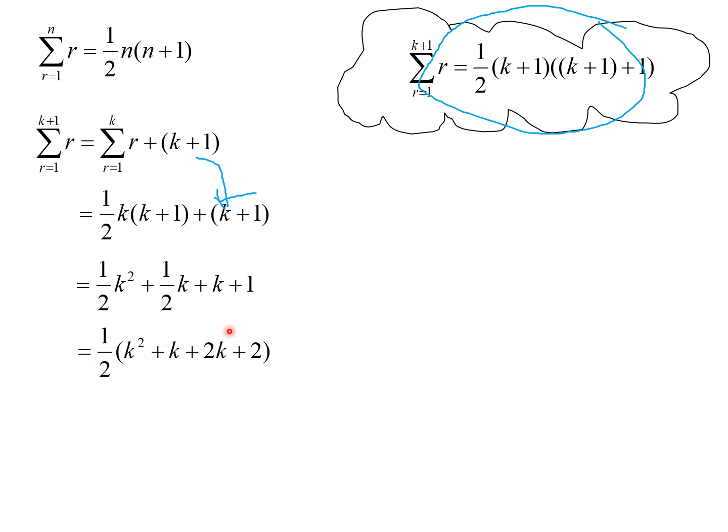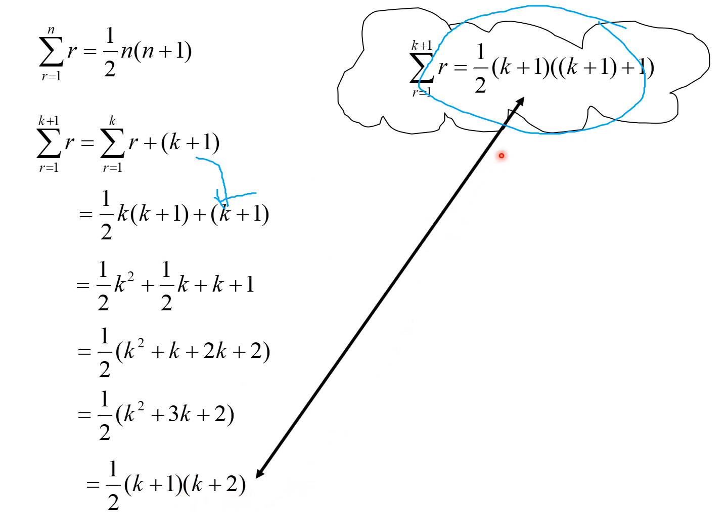When I bring the half out, k plus 1 automatically becomes 2k plus 2, so that when I factor in the half, I get back the earlier line. Half times 2k is k, and half times 2 is 1. The next step is simplifying and factorizing this. If you realize, this is exactly the same as the goal: half times k plus 1 times k plus 2. So we have achieved the goal.